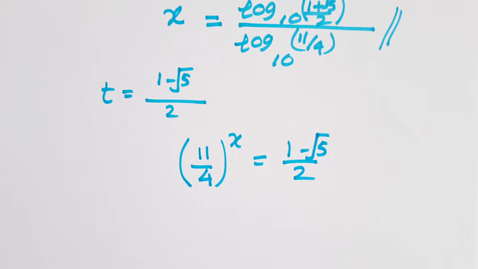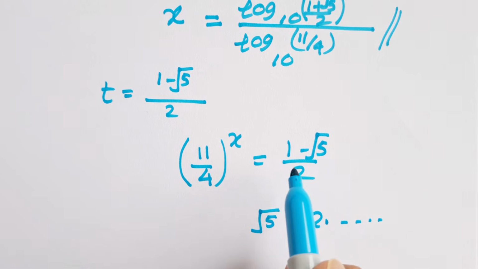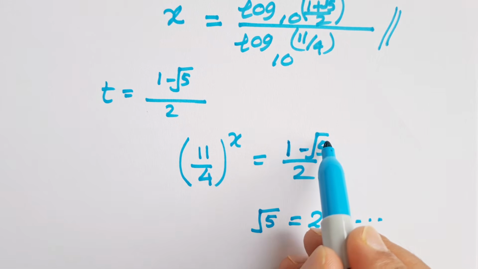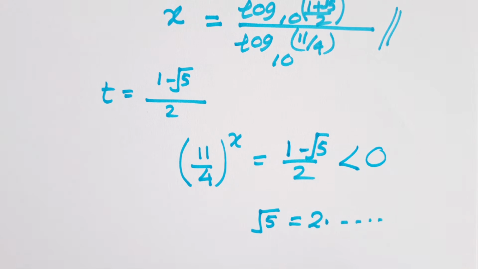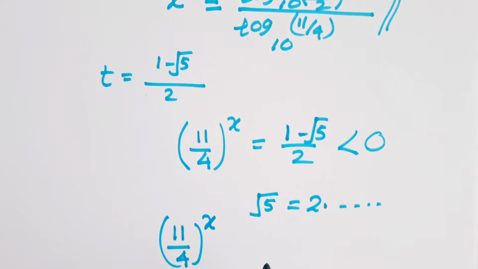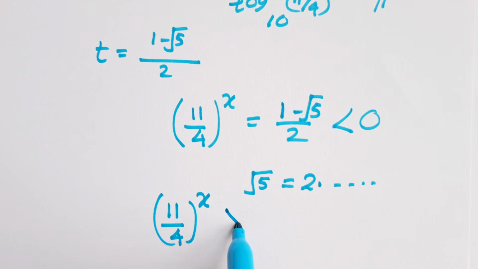If you look carefully at the right hand side of the equation, we know that square root of 5 is equal to 2 point something. So this whole part, 1 minus square root of 5 divided by 2, becomes negative. But we know that for any value of x, 11 over 4 whole to the power of x cannot be negative, because it is always positive.